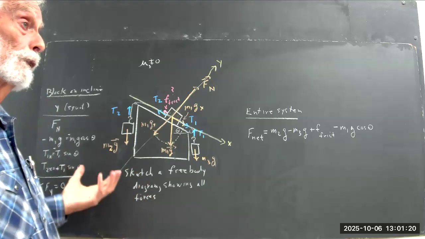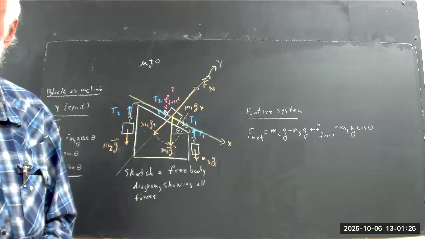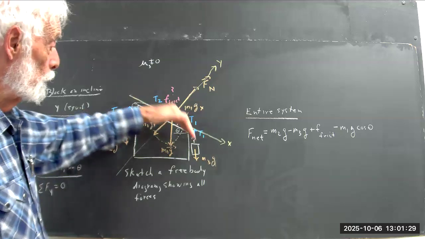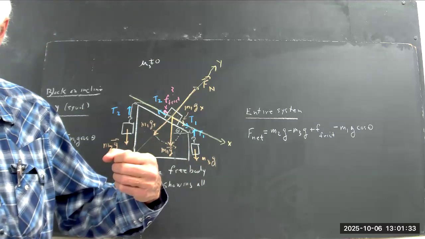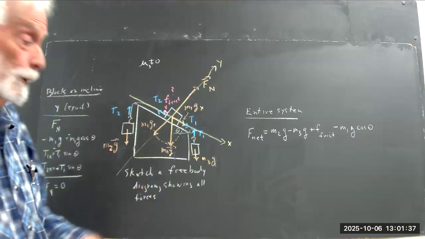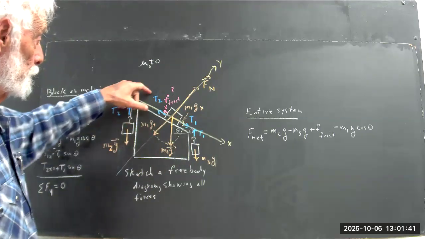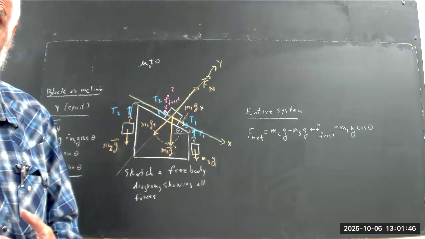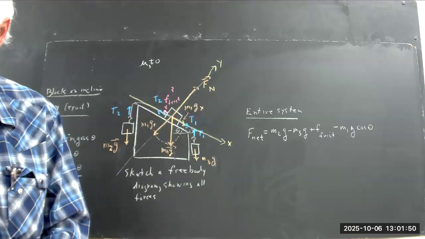Again, you regard this whole system of 3 weights and the ropes as one object. And then you can see that the 2 T1s here and the 2 T2s here are internal to that system, and they're not having any effect on the acceleration of the system.